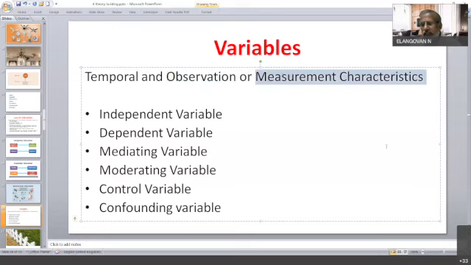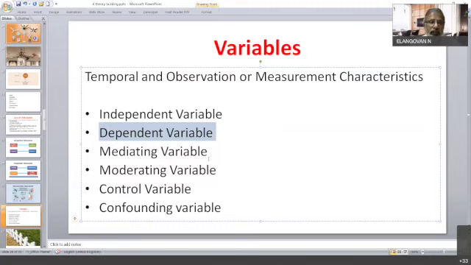Based on the measurement characteristics, we can identify the variables as different variables, like independent variable and dependent variable. I think everybody is aware of it. The independent variable will appear in any relationship first. The dependent variable will appear in any relationship as the second one. The dependent variable is dependent on the independent variable, so the independent variable becomes the determinant of the dependent variable.